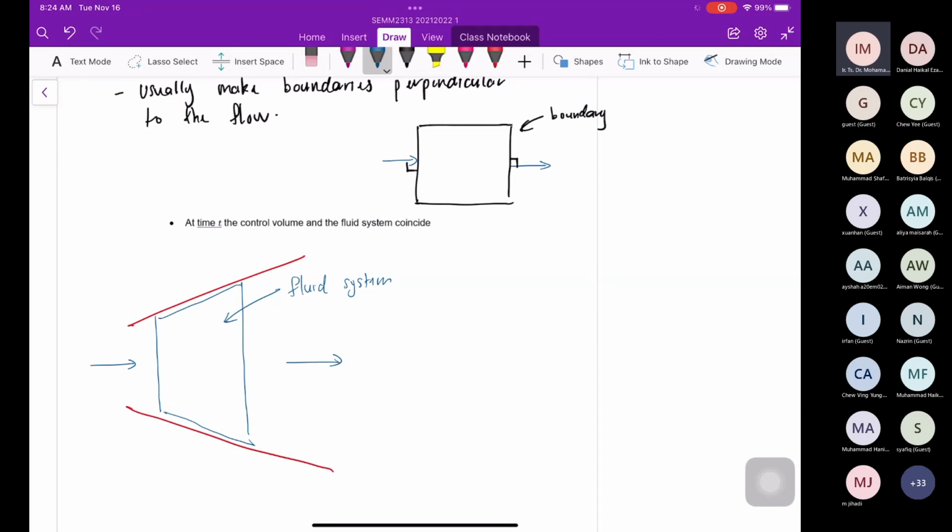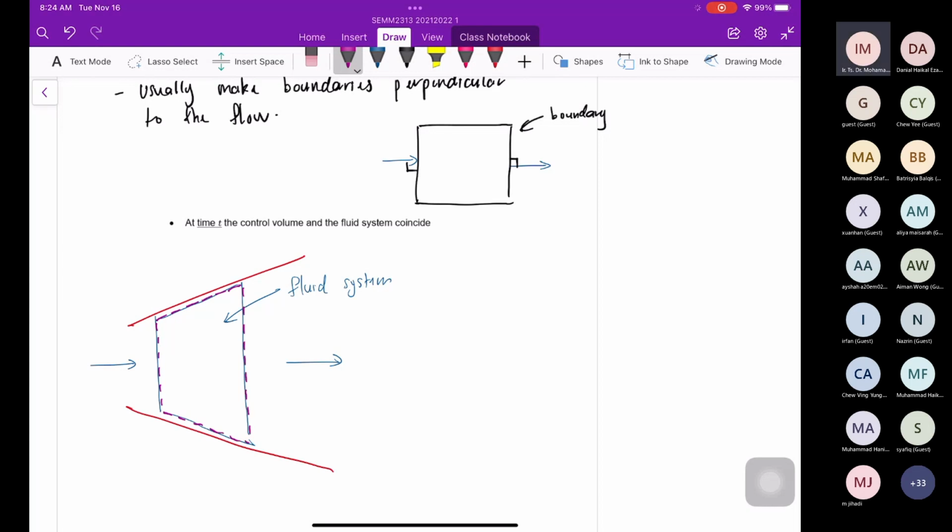All right. So where to locate the control volume? Right now, we need to consider the control volume to coincide with the fluid system. That means it is at the same position. Let's say the dotted line here is the control volume.